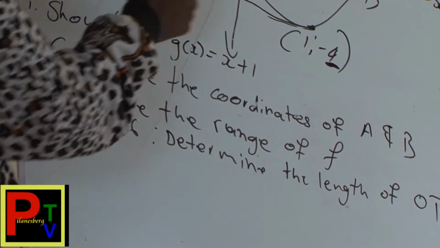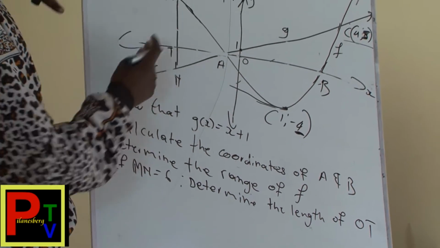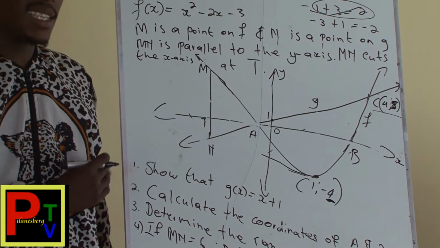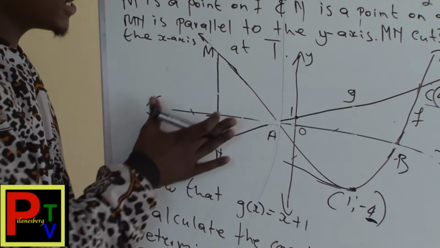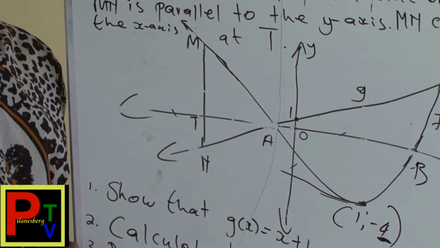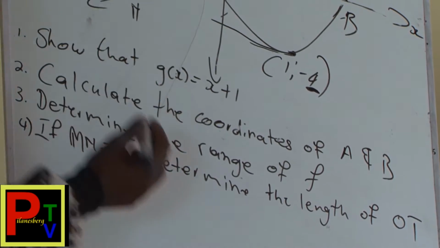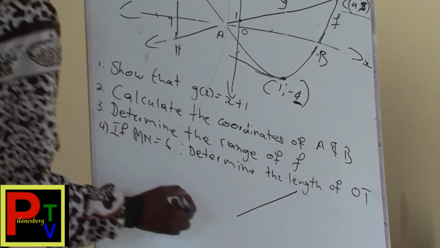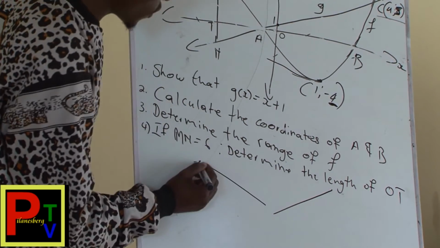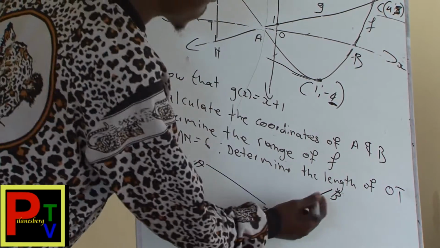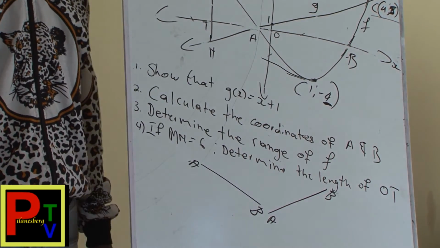This is horizontal. Most learners will be rushing to use the distance formula, which here might mislead the learner. The distance formula, most of the time, we use it if you are dealing with a slanting distance, something like this, from here to here, or from here to here. Therefore, you can use the distance formula.